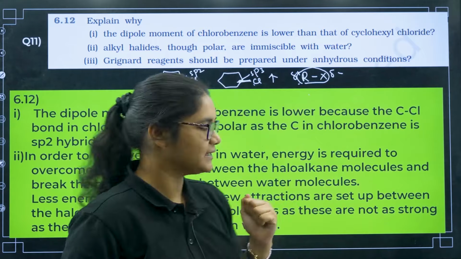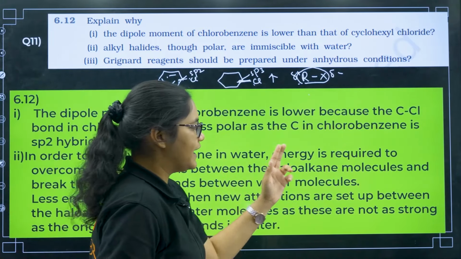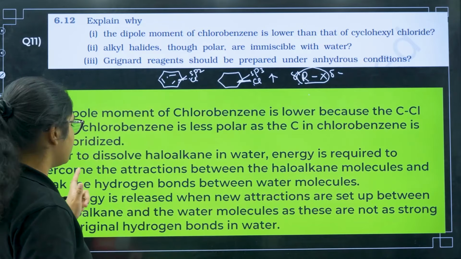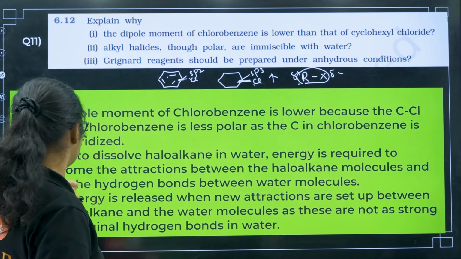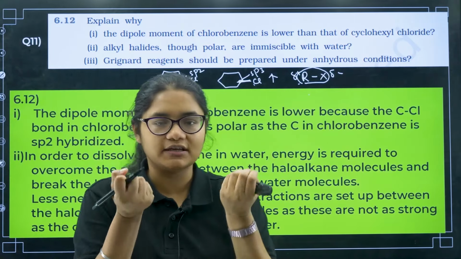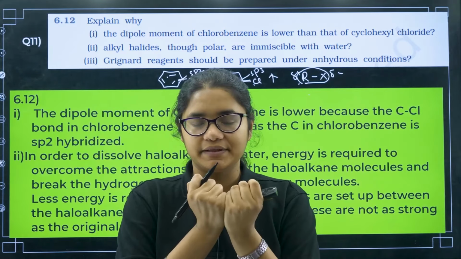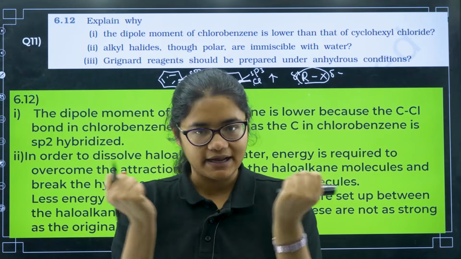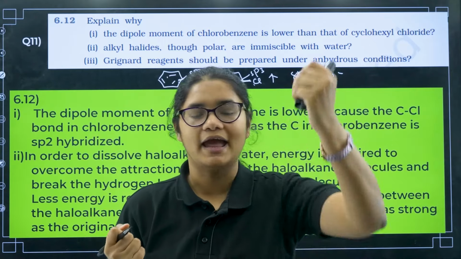But exactly what happens here, see, in order to dissolve the haloalkane in water, energy is required to overcome the attractions between the haloalkane molecules and break the hydrogen bonds between the water molecules. Suppose these are two haloalkanes, so there is a force of attraction between them. We need some energy to break this attraction and we need energy to form a bond between this one and water.